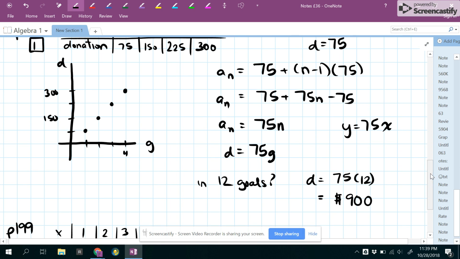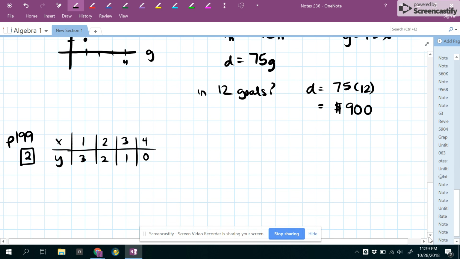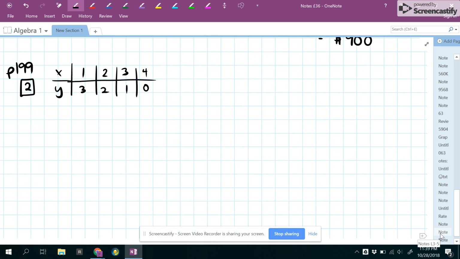So we have one more example of this from page 199, problem 2a. Here's a table with x's and y's. So one more time, the first step is to graph it.